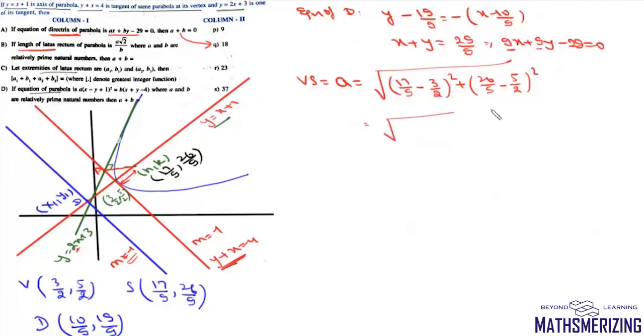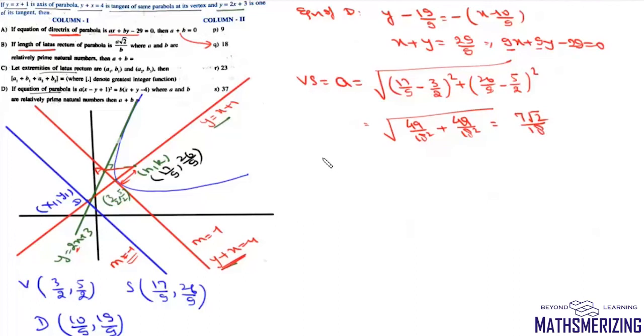We'll get 32 minus 27, so that's 5... 7 square, 49 by 18 square, and here it will be 52 minus 45, so again 49 by 18 square. So we can write it as 7 root 2 by 18.